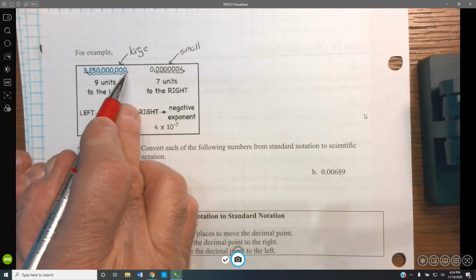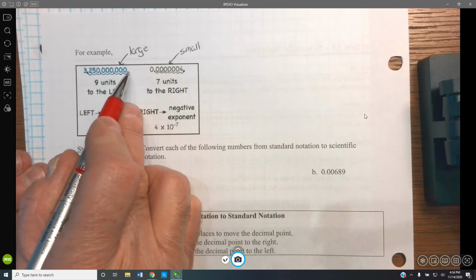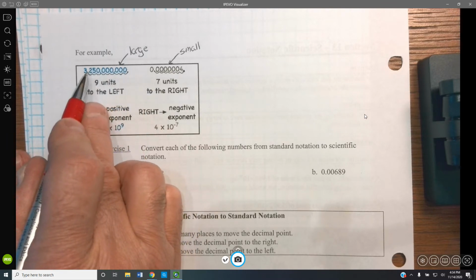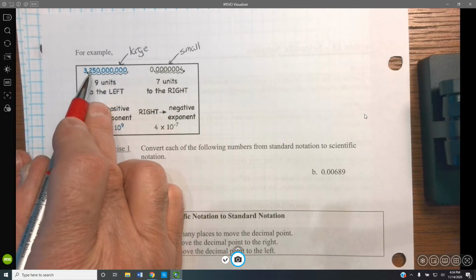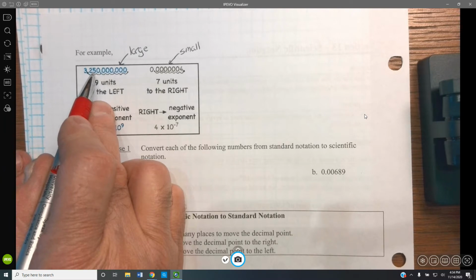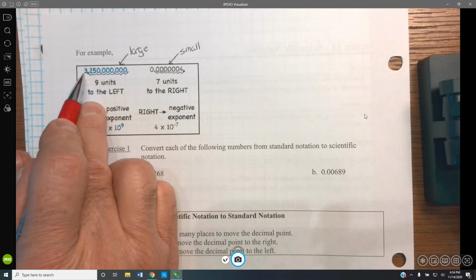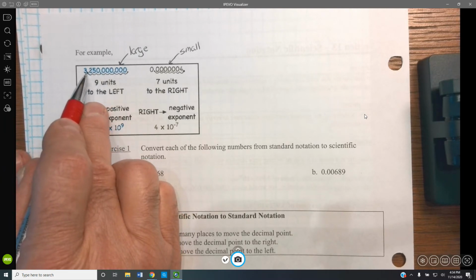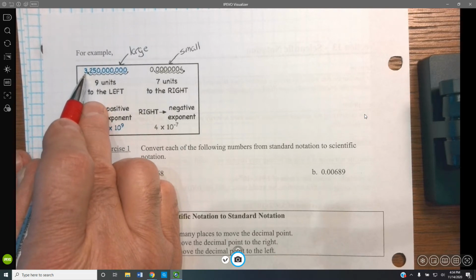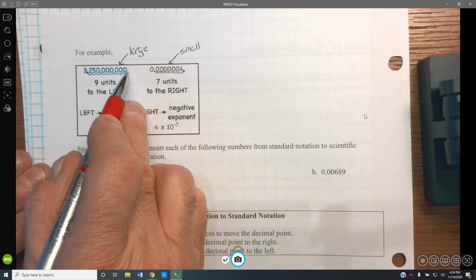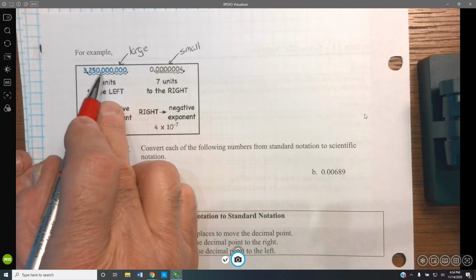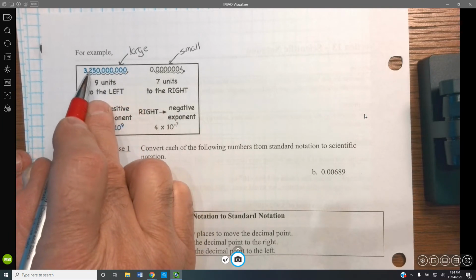So what we do is we take the starting position of the decimal and we move it until it's between the 3 and the 2. Why there? Because if you left it here, it would be 32, and if you put it back here, it'd be 0.3. Remember the directions. This number has to be between 1 but less than 10, and 3 is the number that does that. And then we count 3, 6, 9. 9's important.